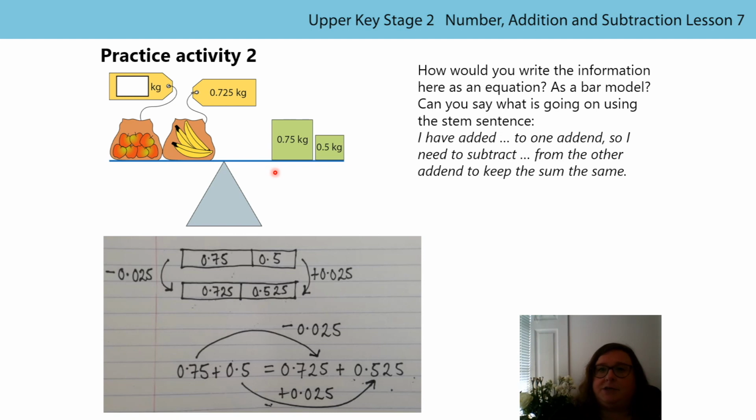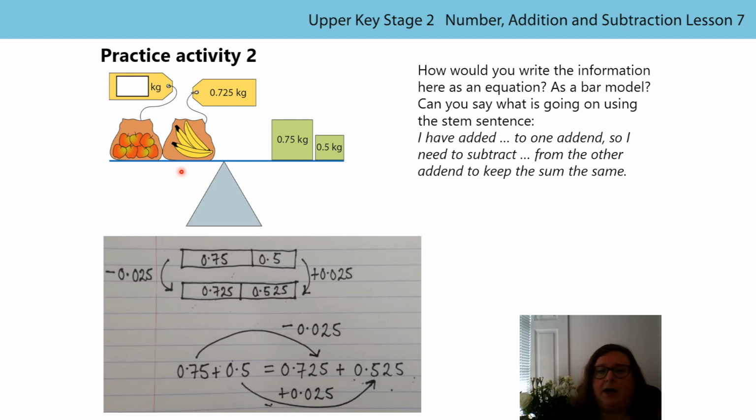And I decided I would use a bar model to help me first of all. So I put the information I had on the right into a bar model at the top. So you can see there's my 0.75 kilograms, there's my 0.5 kilograms. And then I thought about how they'd changed to get to the addends on the right.